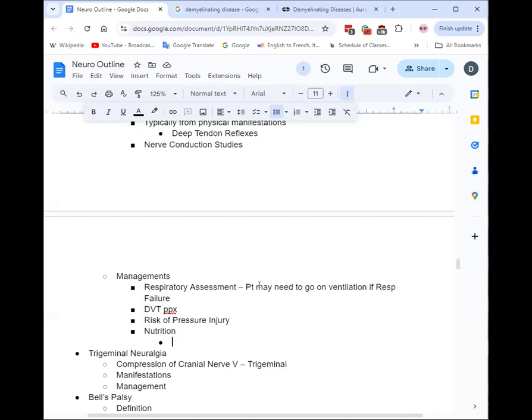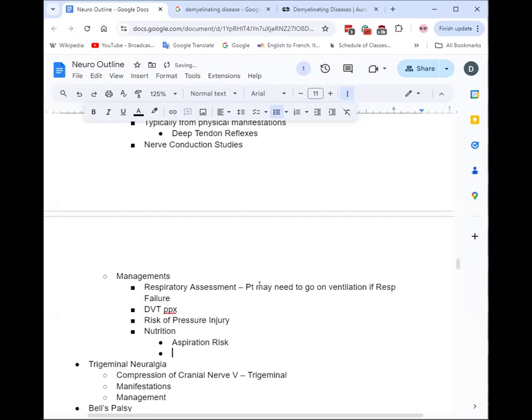So there's an aspiration risk, but if they're able to eat, they can eat. If unable to eat, then parenteral nutrition.